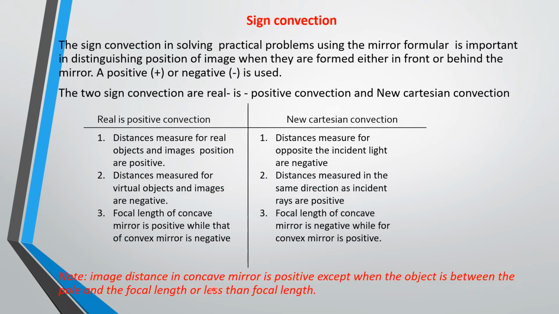Before we start to treat some problems on the mirror formula, there is a convention that is normally used in solving problems, and this convention helps to distinguish the type of image that is formed and the position of the image. The two sign conventions that are used are the real is positive sign convention and the new Cartesian convention.